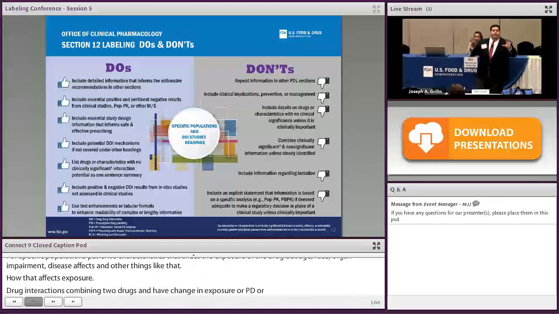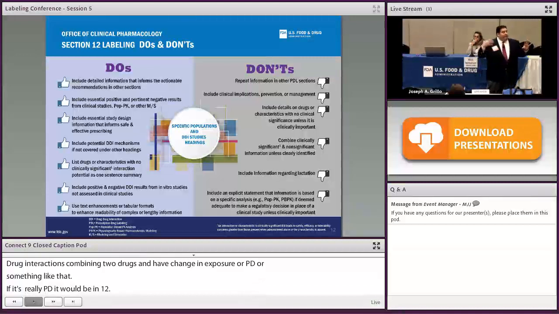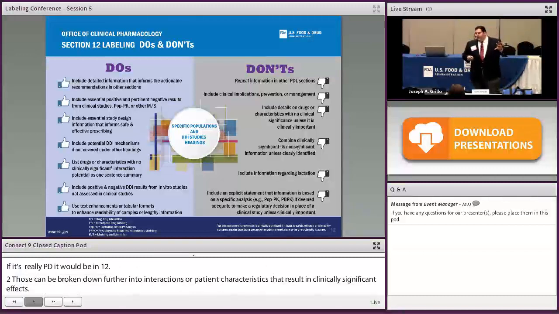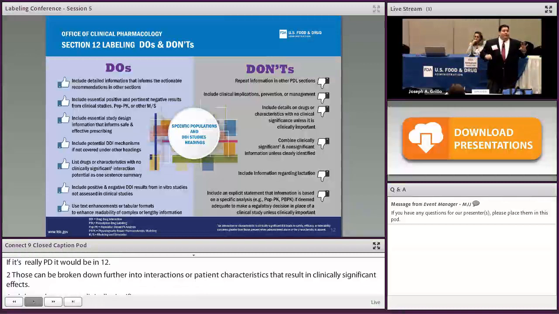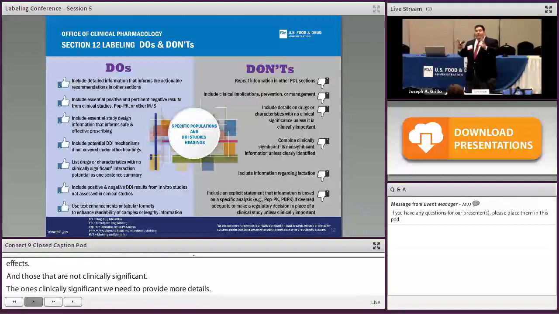So those can be broken down further into either interactions or patient characteristics that result in what we call clinically significant effects and those that aren't clinically significant. For the ones that are clinically significant, we generally need to provide more details because we're giving context for the regulatory conclusion and actionable information we're putting in section 8 or 7.